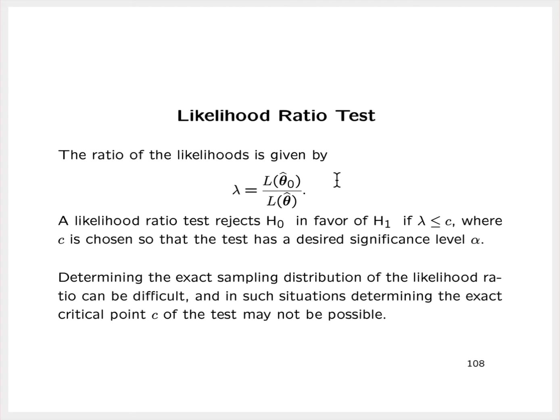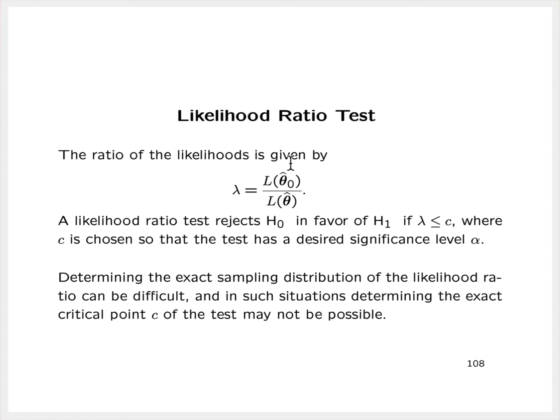And so the ratio of the likelihoods at these two points is given here. We have the likelihood function evaluated at theta hat 0 divided by the likelihood function evaluated at theta hat.